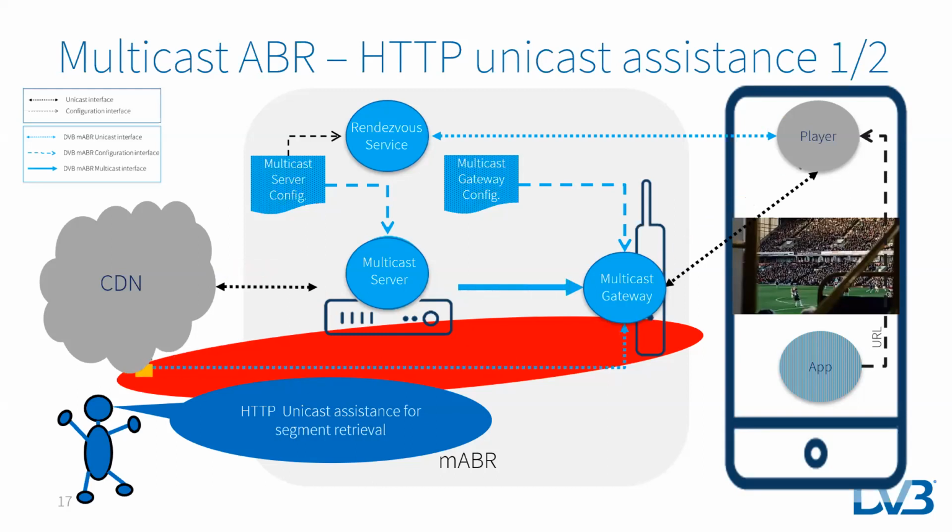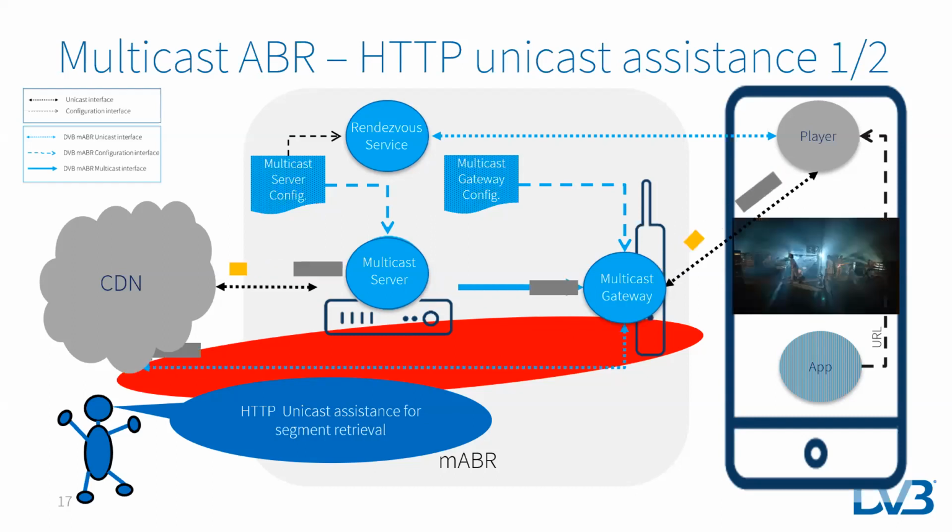In the illustration on this slide, you see a different content, could be the beginning of the content, for example, that is not anymore in the cache of the multicast gateway. So this content is retrieved from the CDN by the multicast gateway in a way that is completely hidden from the player. And then if I click, once the content requested by the player is in sync with the content received over the multicast interface, the multicast gateway can switch to the multicast interface.